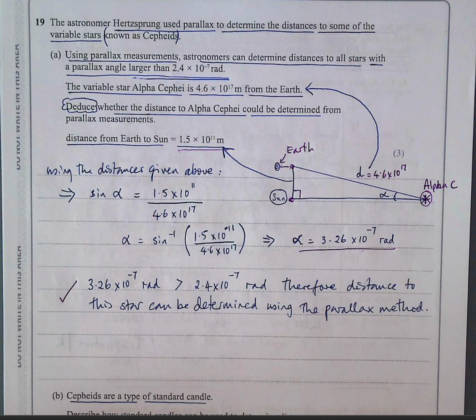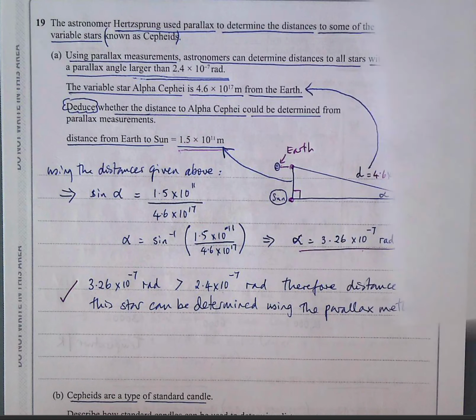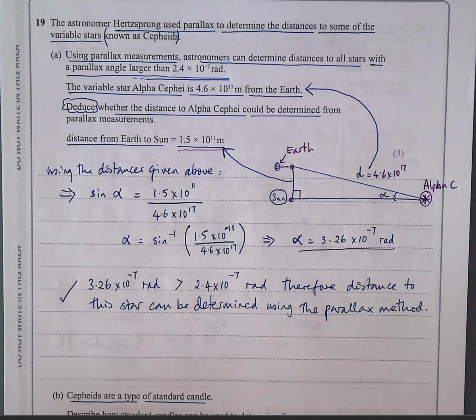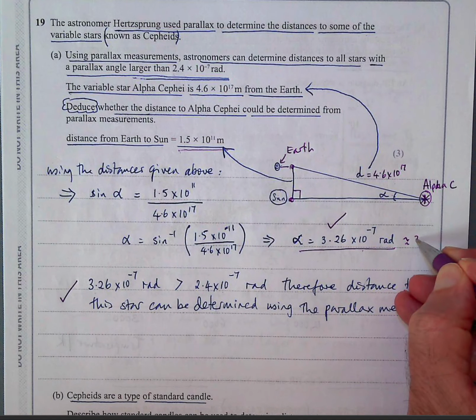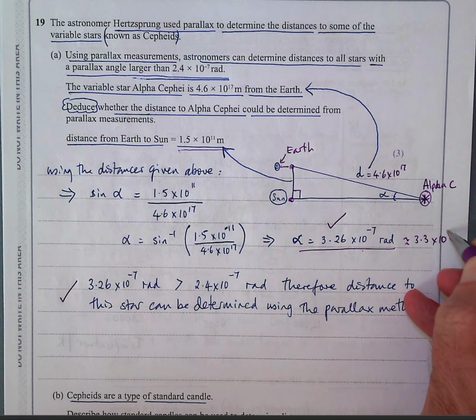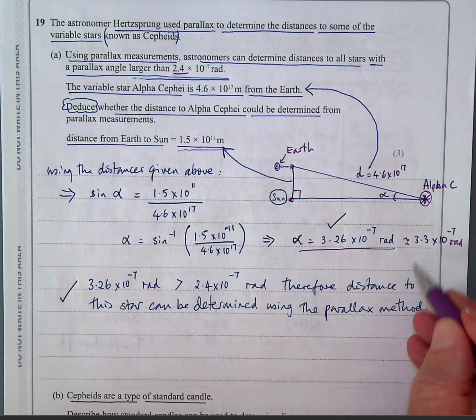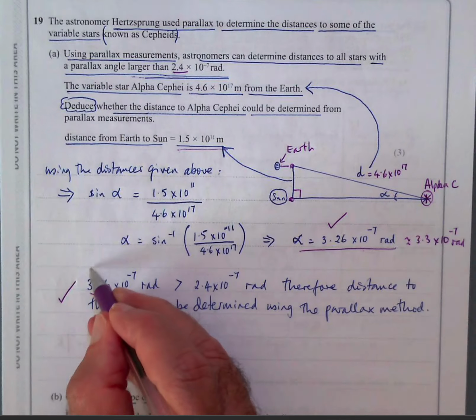Okay, so what do you get marks for in this question? For question 19, use trigonometry to calculate the parallax angle. So we've done that, there's our trigonometry. The smallest angle they put as approximately 3.3 times 10 to the minus 7 radians, because here they've only got 2 significant figures, so this should ideally be 3.3.